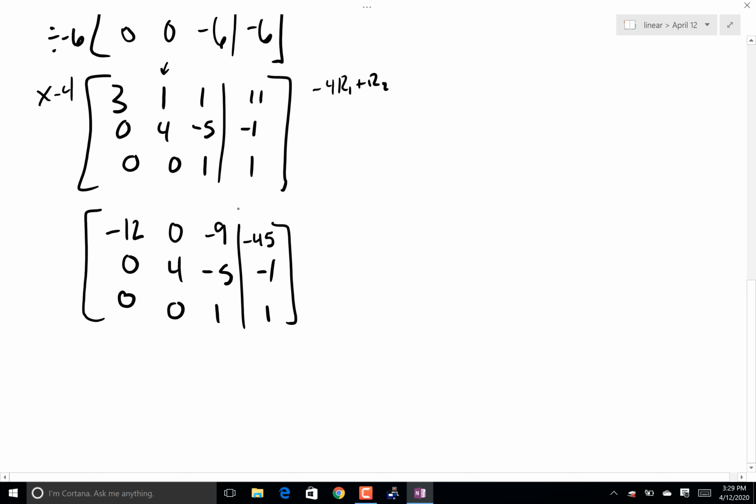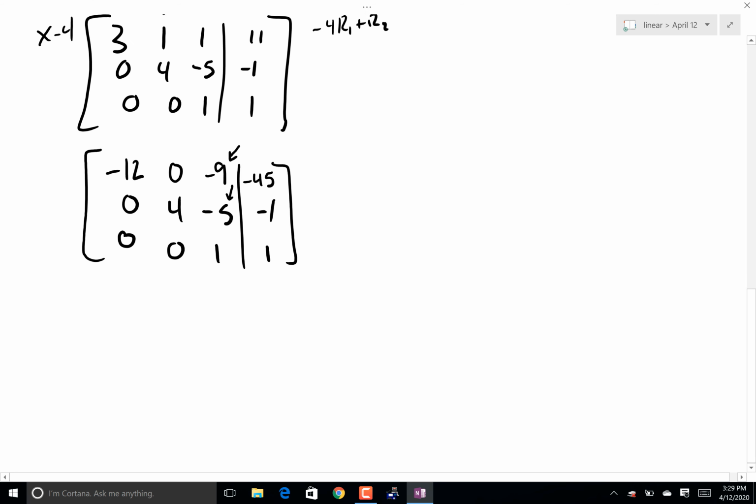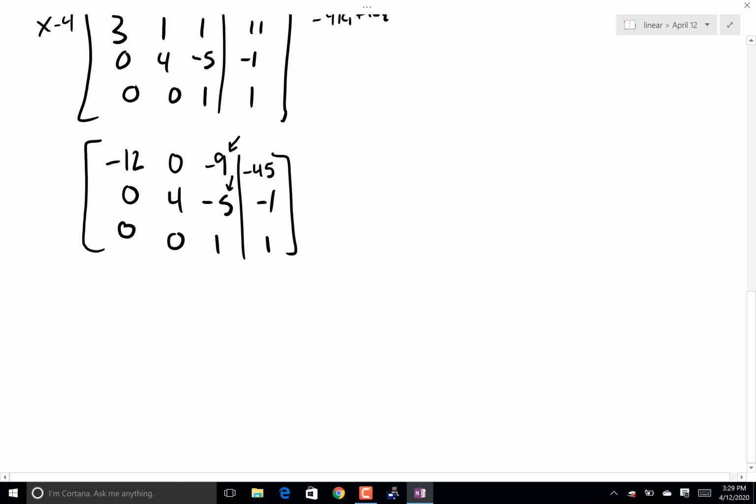Well, what we need now is we need this guy here to be a 0, and we need this guy here to be a 0. The only way you're going to get that is to add R3 to these guys. Seems pretty easy to me. So I'm going to take R2 plus 5 times R3 this time and see what happens. I'm not fooling with the top one.